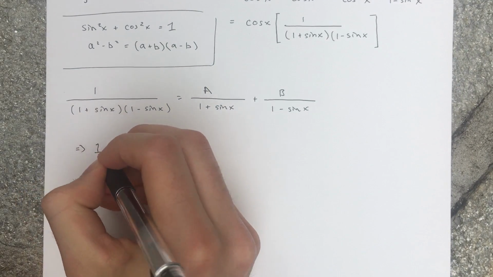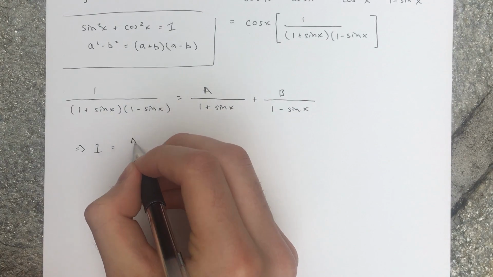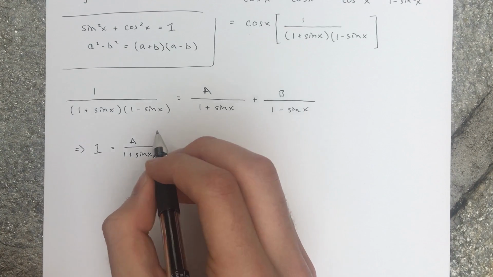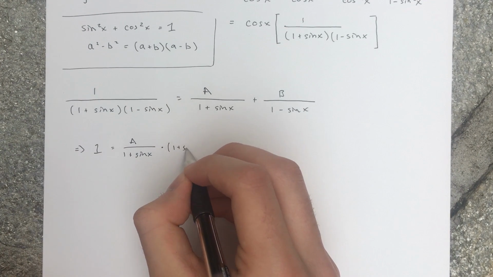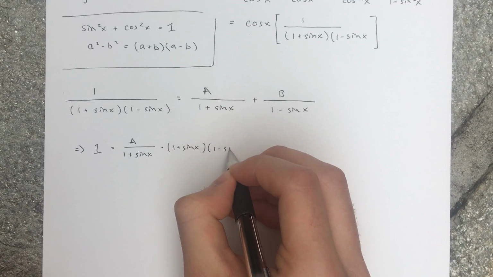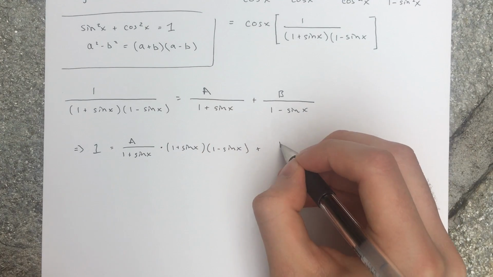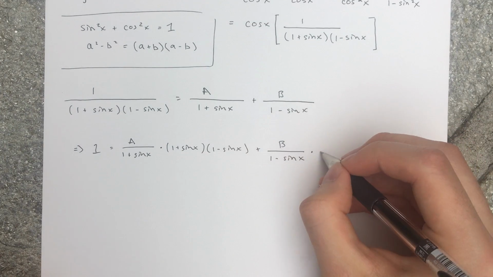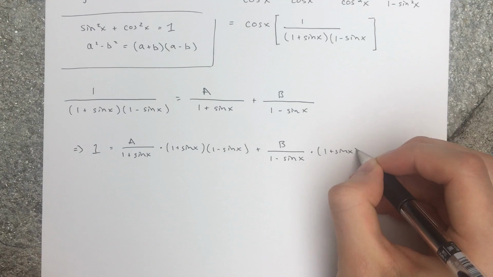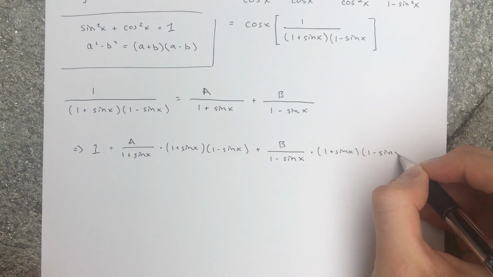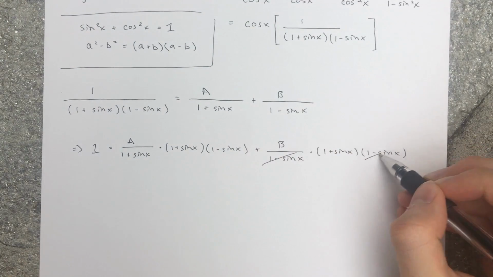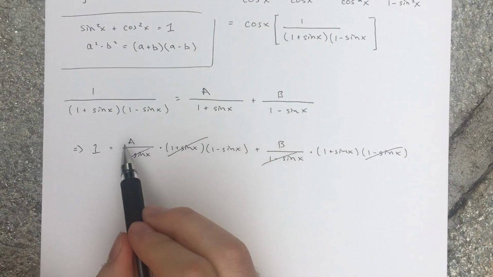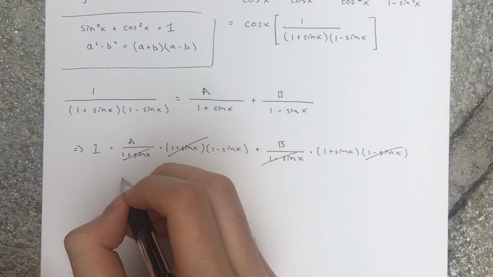So that tells us that 1 is nothing more than just a over 1 plus sine x times 1 plus sine x, 1 minus sine x, plus b over 1 minus sine x times 1 plus sine x, 1 minus sine x. Here we can cancel this, cancel. Okay, and now let's distribute this a and distribute this b.